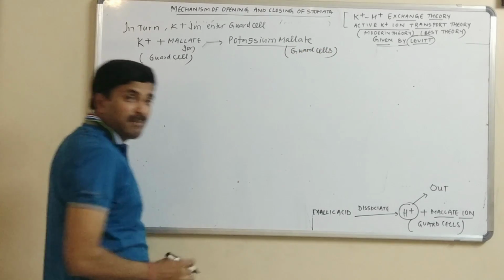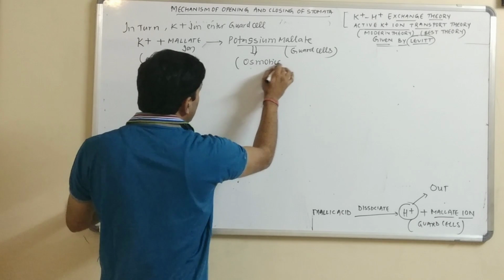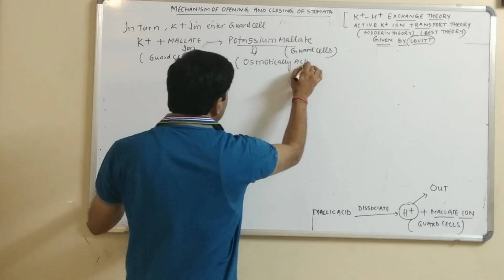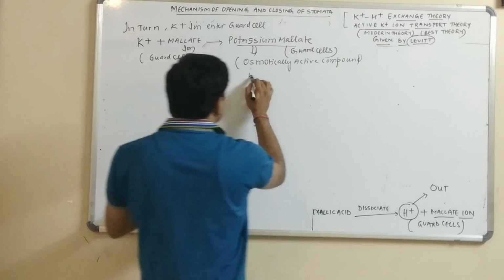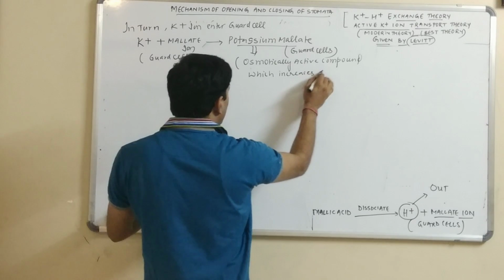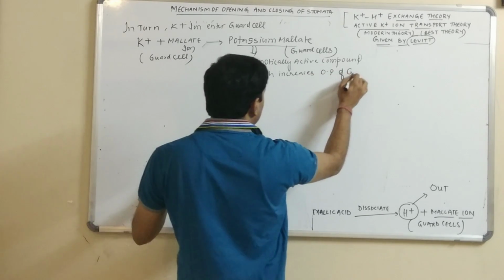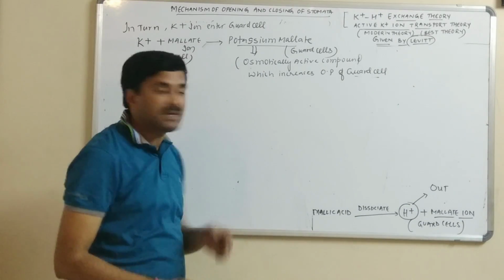Now this potassium malate is an osmotically active compound, which increases the OP of the guard cell. Because it is an osmotically active compound, of course it will increase the OP.